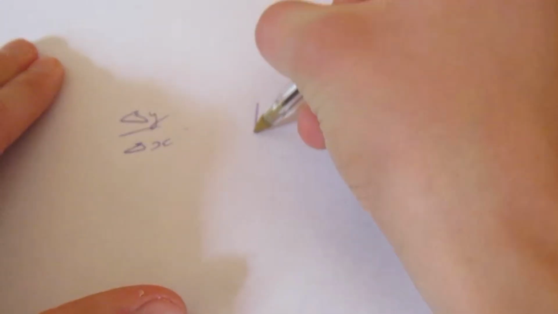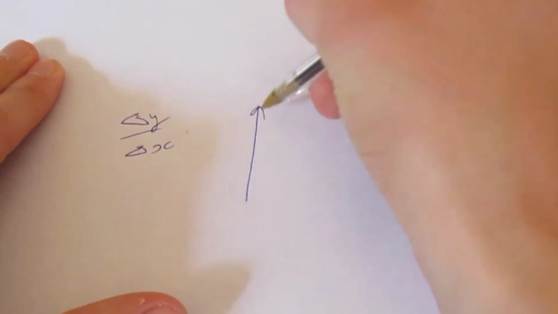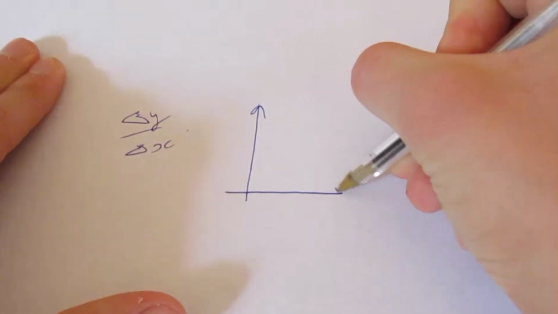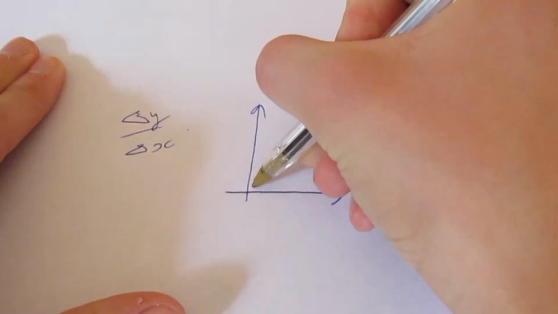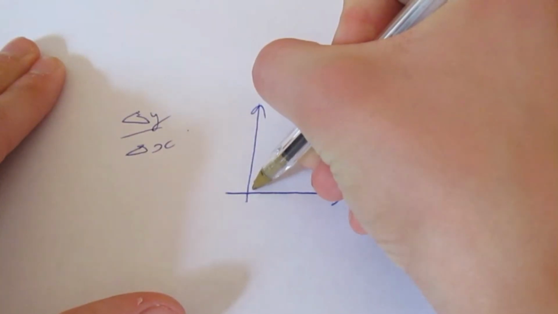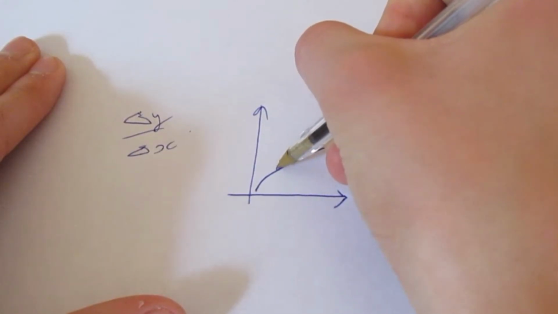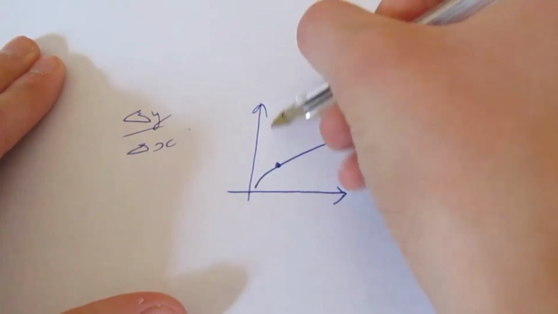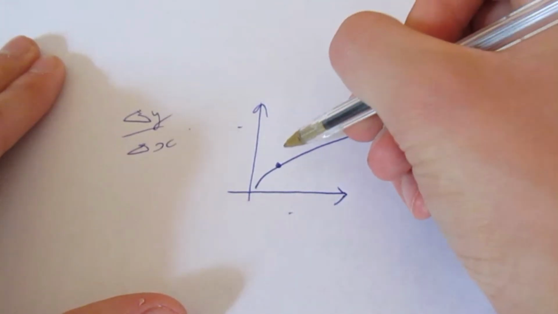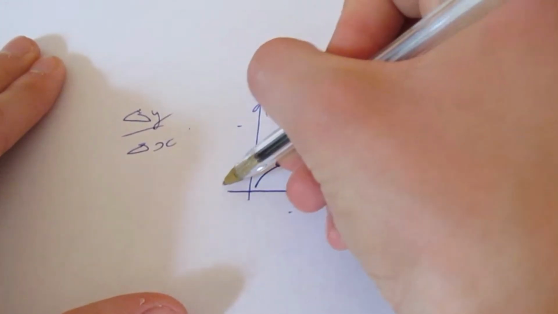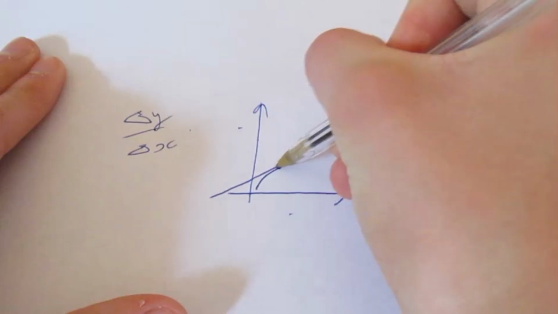If you've got a graph, let's say something like this, once again I do apologise for not having a ruler. Very unprofessional of me. If we wanted to find the gradient, the rate of change of these two variables, we would draw a tangent.